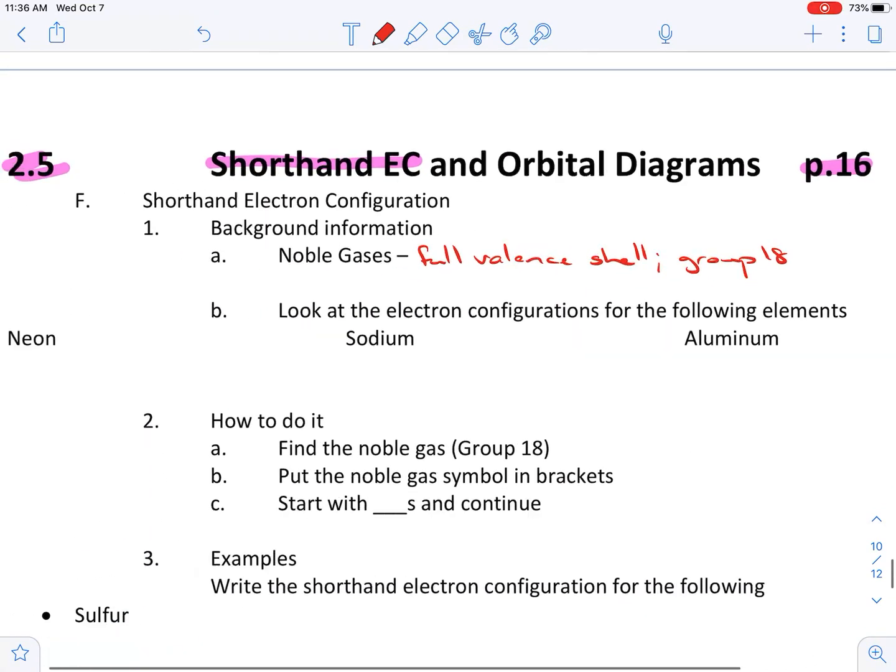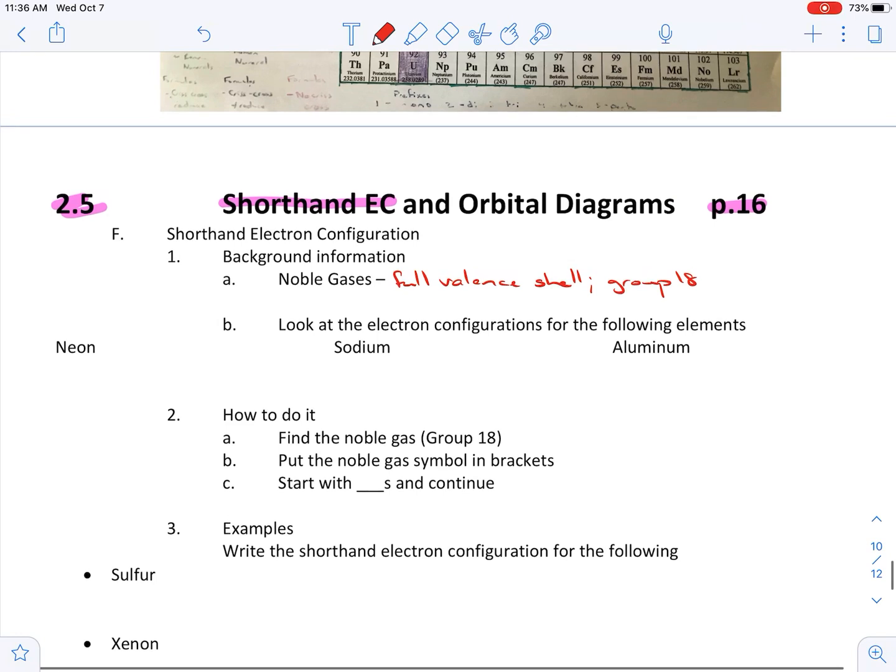So let's take a little gander here. We've got electron configurations for the following elements. We've got neon, which is Ne. It's got 10 electrons. And just reviewing what we did the last time, we've got 1s2, 2s2, and 2p6. That's the electron configuration for neon.